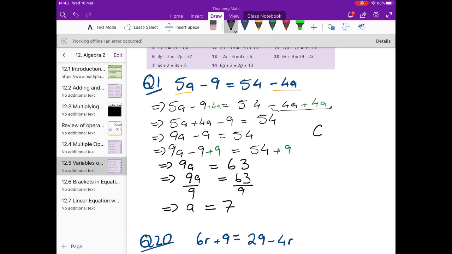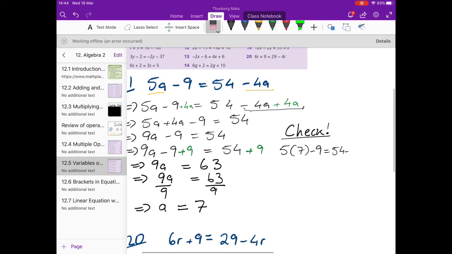Now, same as before, I can check my answer by substituting. So that involves going 5 times 7 minus 9 is equal to 54 minus 4 times 7. Oh, and I'm after squeezing that in a little bit.